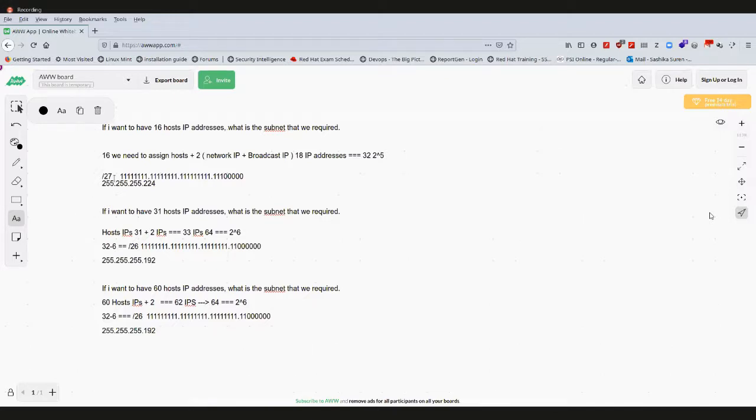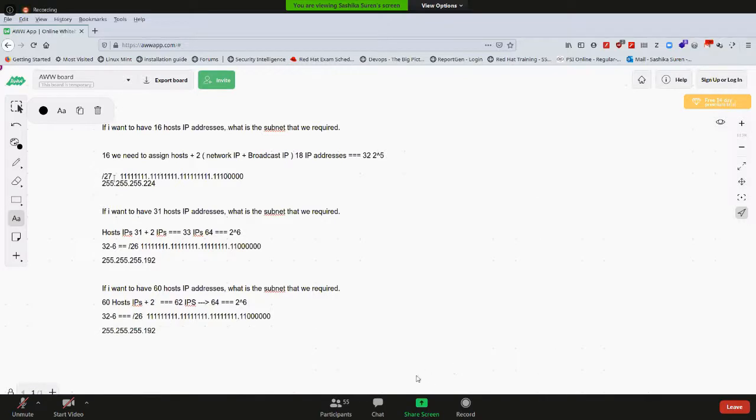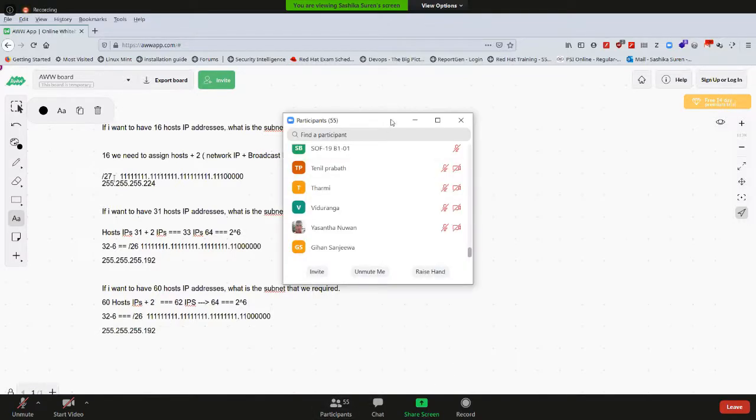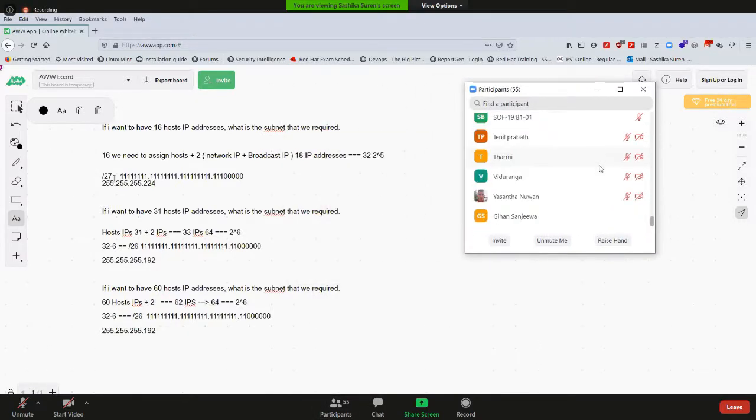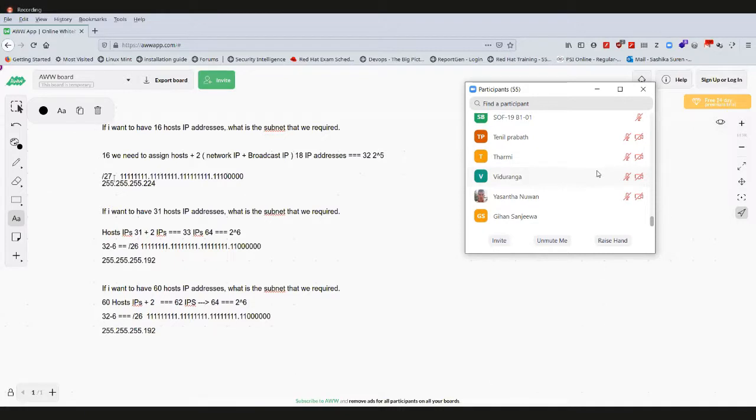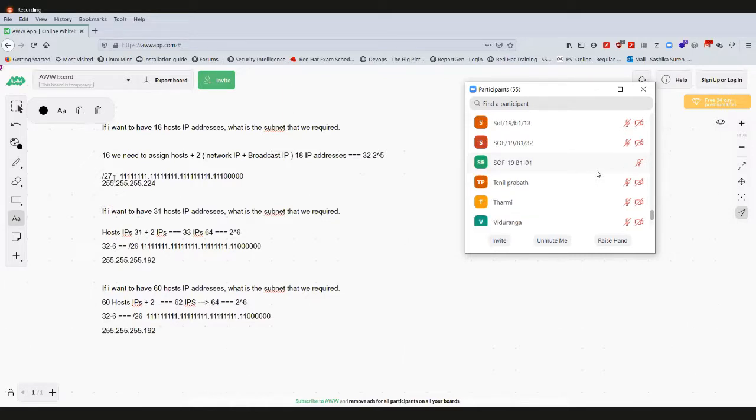Once it is assigned to your machine, it doesn't change for at least 3 days minimum, or you can configure it up to 1 week, 2 weeks, or 3 weeks, or sometimes you can assign the DHCP for a lifetime as well. That means it will be assigned for life.